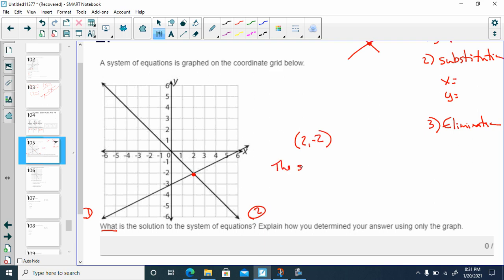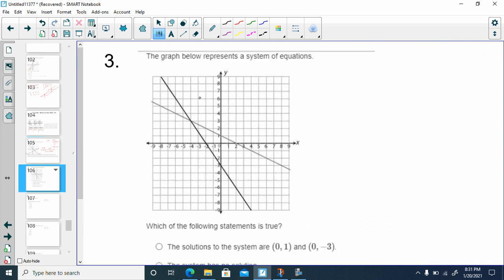The solution is where the two lines intersect. Okay, the solution is the point where the two lines intersect. How about that?